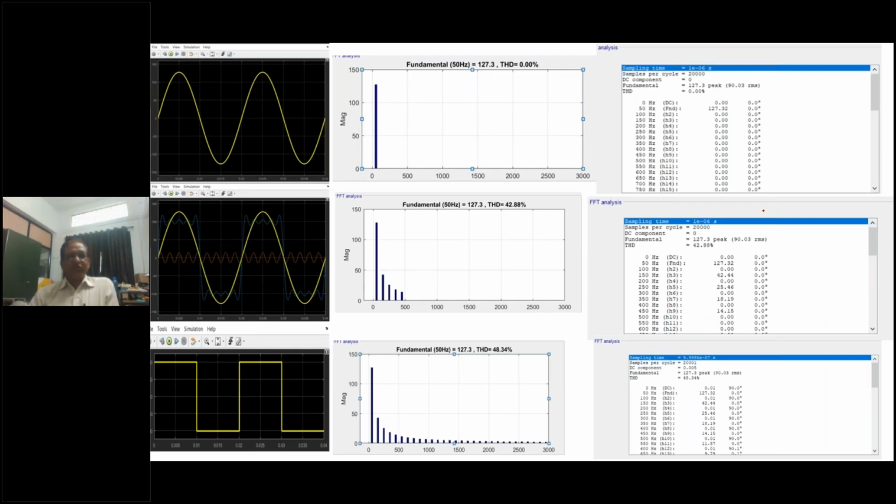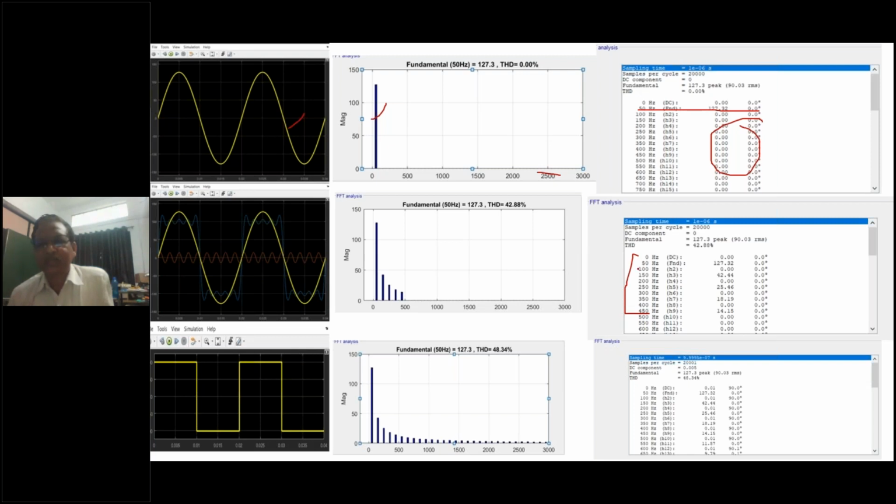Now see, again I have shown this fundamental waveform and its analysis. Here you will see it is only 50 hertz, and there are no harmonics in the FFT analysis. Now here I added third, fifth, seventh, and ninth, where ninth means 450 hertz.